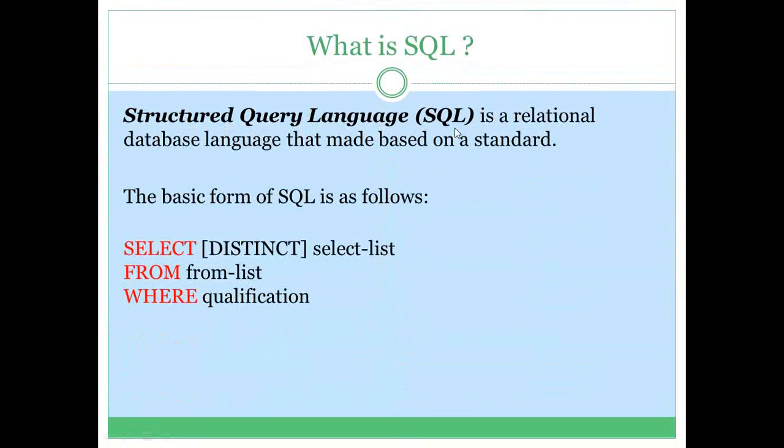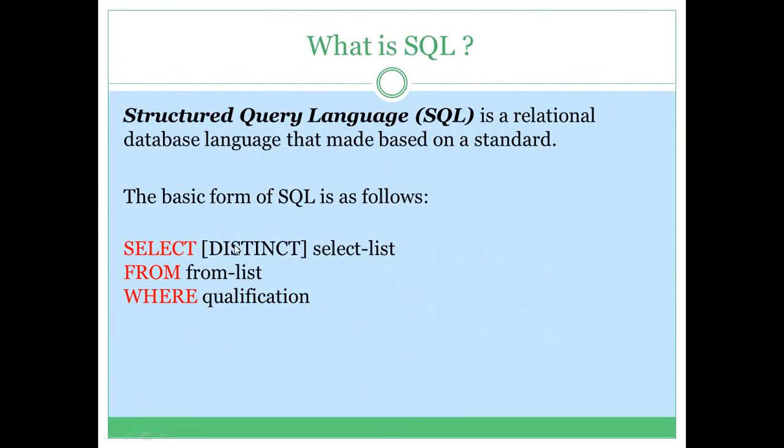It is a relational database language that is made based on a standard. So SQL is used as the standard of database. The basic form of SQL is as follows. Select distinct is optional. Select list from list where qualification.